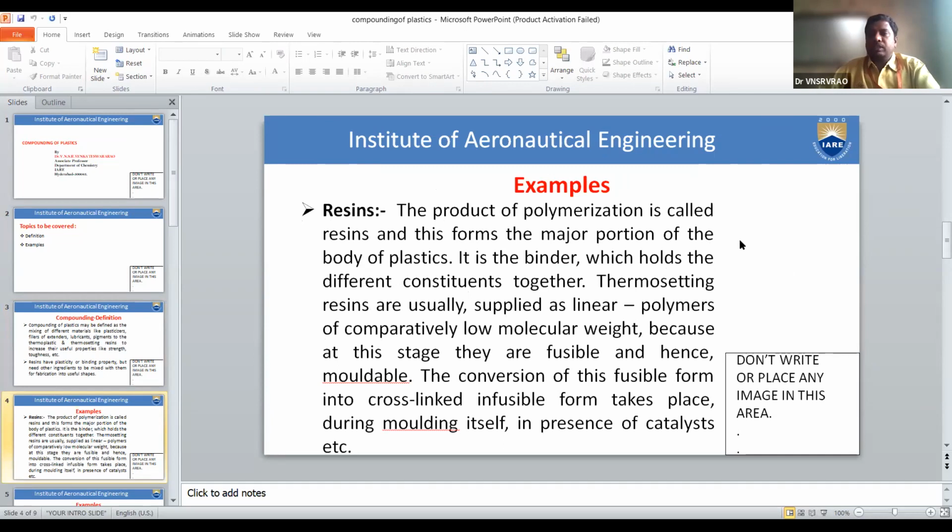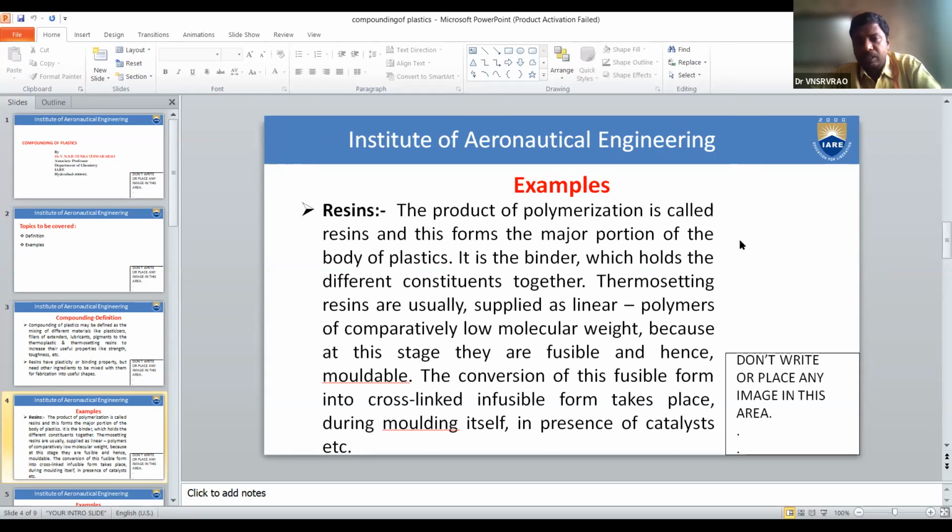Now we see the definition of resins. Resins are nothing but the product of polymerization, that means long chain polymers, and they form a major portion of the body of the plastics. Because of the resins present in plastics, they have the property of plasticity and can be molded into a desired shape.